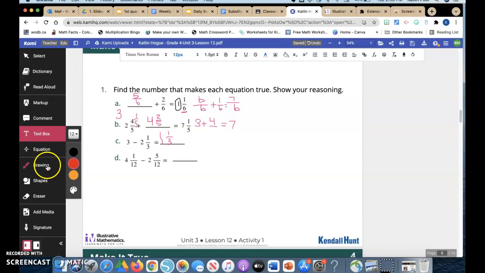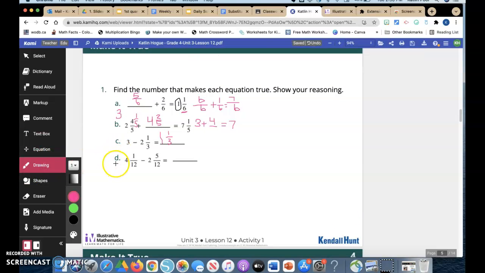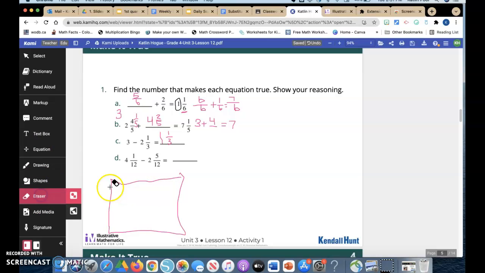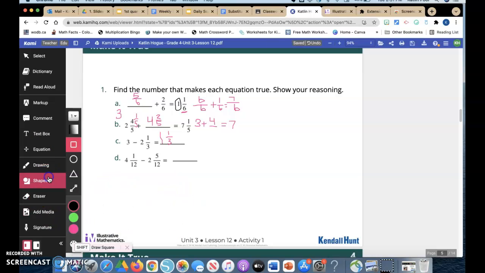And our last but not least is D. 4 and 1/12 minus 2 and 5/12. Yesterday, we talked about decomposing our numbers, and Miss Hoag is going to let this draw a rectangle for her, because her rectangle looks awful. There we go.